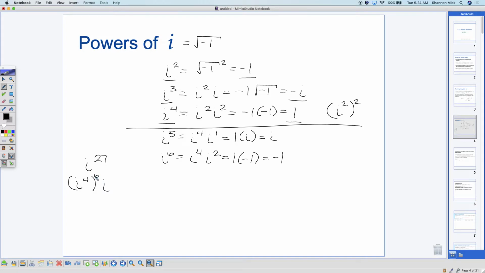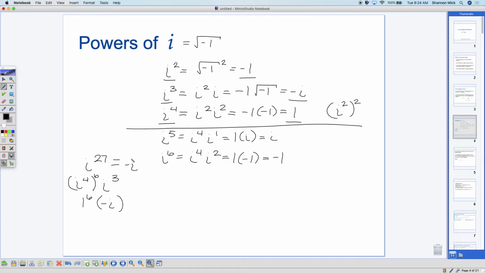And how many were left over? 3. So i to the 4th is 1, so 1 to the 6th is just 1, and i cubed is negative i. So the answer is negative i.